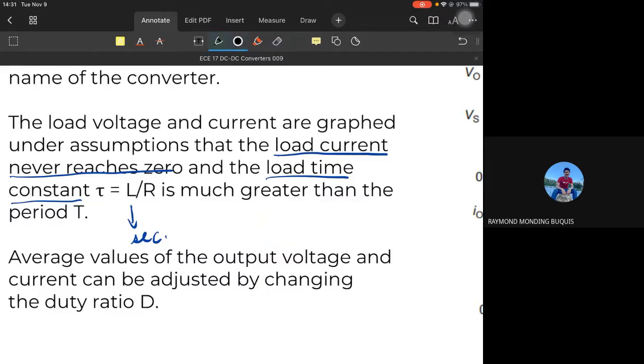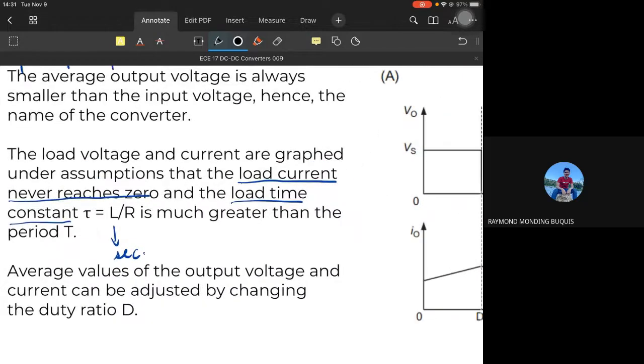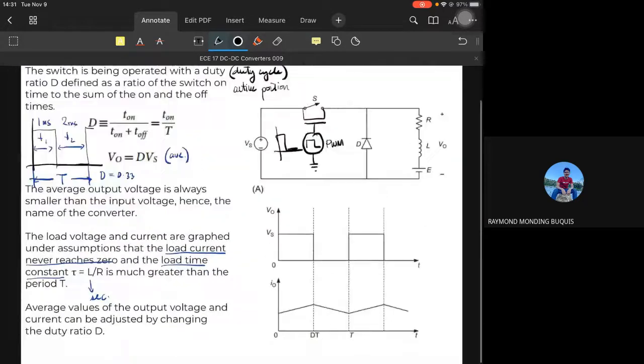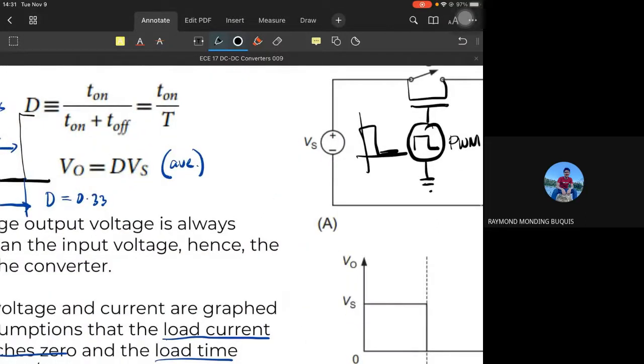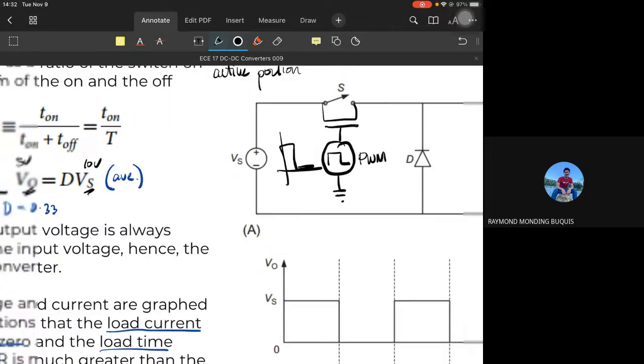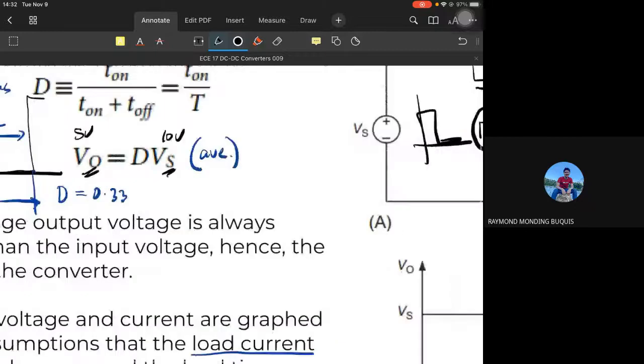Average values of the output voltage and current can be adjusted by changing the duty ratio. Given the input voltage Vs, if we want to divide it by 2, let's say 10 volts is given and we want a 5 volt output, then we should operate the pulse width modulator, the switch's input signal, at 50%, 0.5.